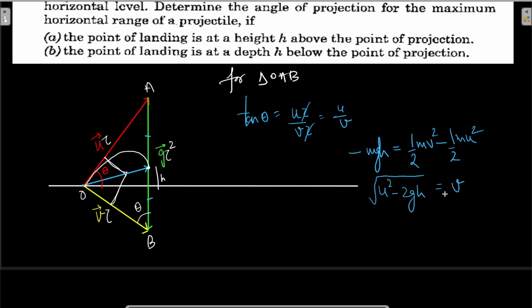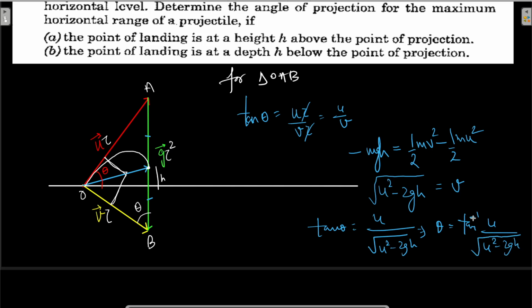Okay, so tan theta should be u divided by under root u square minus 2gh. So theta must be tan inverse of u by under root u square minus 2gh. The second part we'll see in the next page.